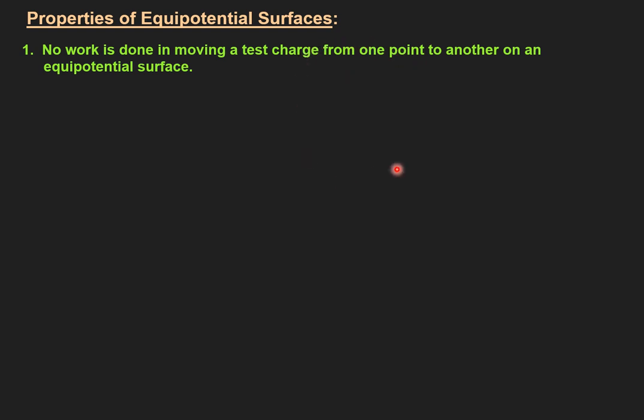Now I want to move a test charge on this equipotential surface from one point to another point. What this property tells is that there will be no work done. I need not do any work in moving this test charge from any point to another on this spherical surface due to a point charge. This is said by this property of equipotential surfaces.